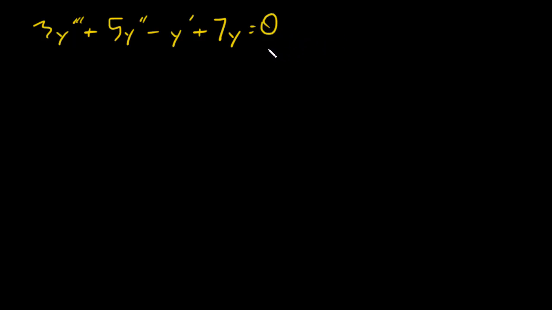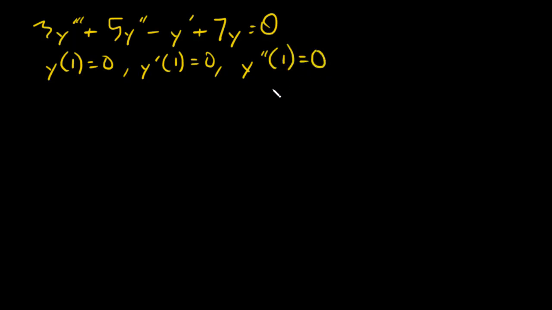And I know that for my initial conditions, I have y of 1 equals 0, y prime of 1 equals 0, y double prime of 1 equals 0, okay?